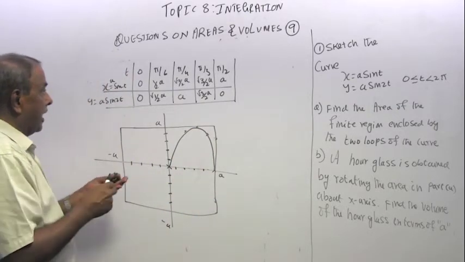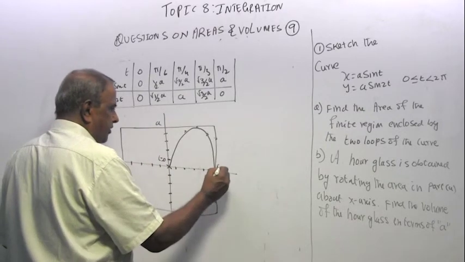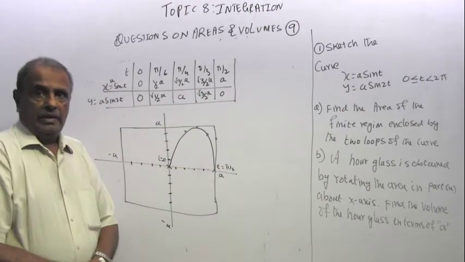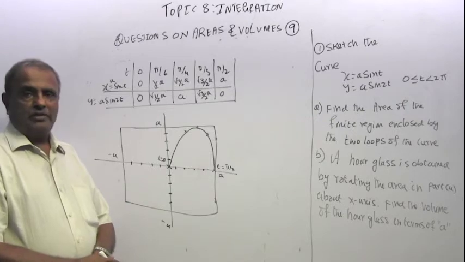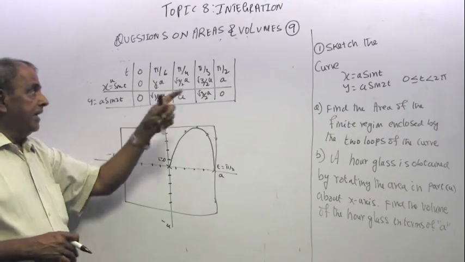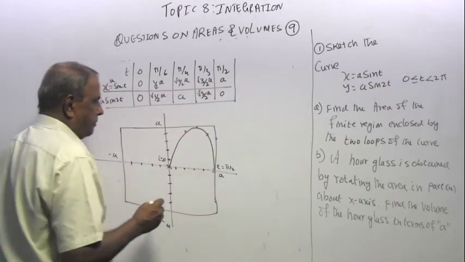What happens as t goes on? So this is t equal to 0, that's t equal to pi over 2. What happens afterwards? As t increases from 90 to 180 degrees, it starts from a and goes back to 0. It will come back here.